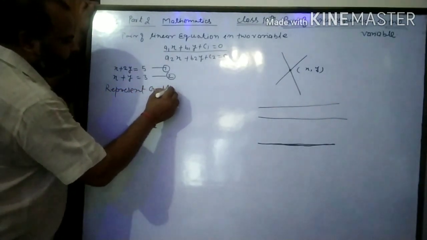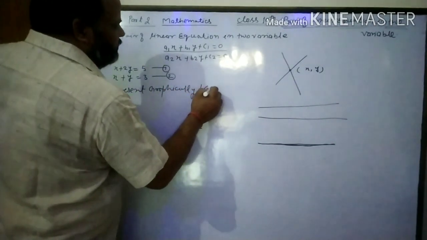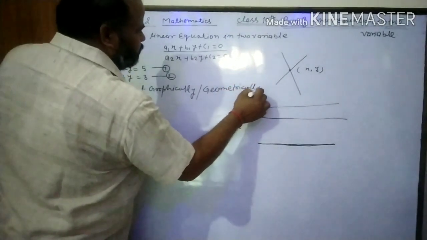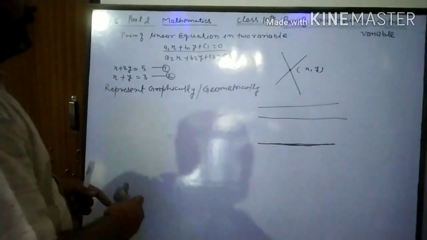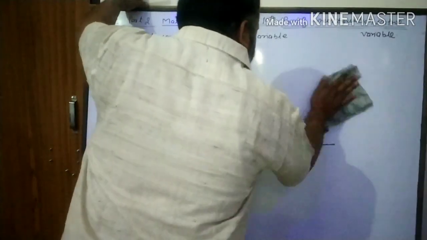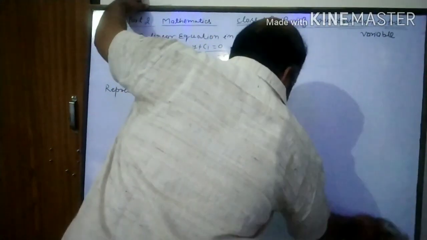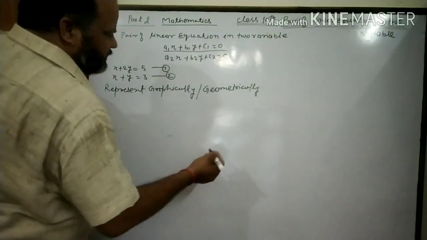First of all we take a graph paper. It is better you take a graph sheet. Clear? But if you have no graph sheet, then use a paper sheet or the same copy.